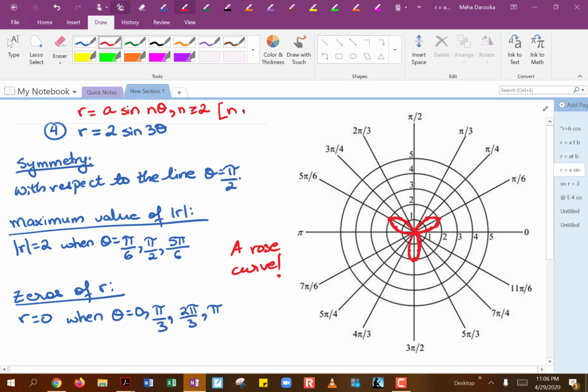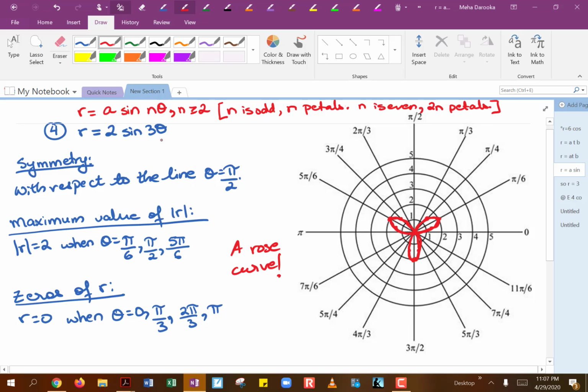The basic rule of thumb is, if n is an odd number, you will have n number of petals. So you can see, since this was a 3, we have 3 petals in our rose curve. If n is an even number, then you will have 2 times n number of petals.